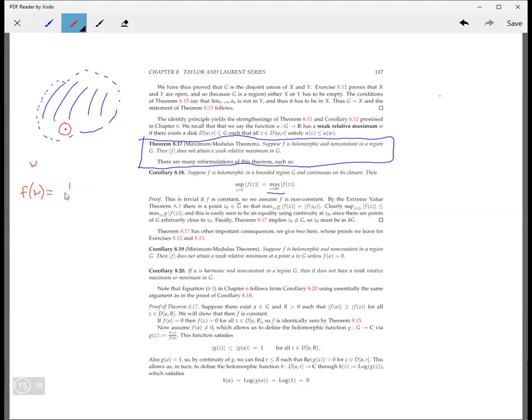It's 1 over 2 pi i times the integral around this circle, centered at w of radius R, of f of z over z minus w dz. So it's that. Now, if you parameterize this circle, do you guys remember how to parameterize this circle?